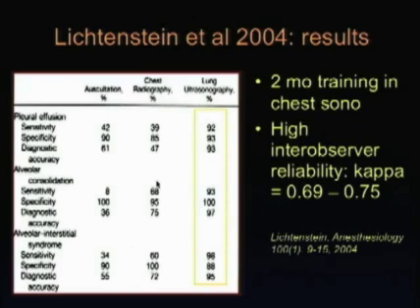Chest radiography also had high specificity for alveolar interstitial syndrome, and pretty high specificity for alveolar consolidations as well. But in all respects, for pleural effusions, alveolar consolidations, and alveolar interstitial syndrome, lung ultrasonography performed very well. And in the cases where 2 observers did the lung ultrasonography, there was a fairly high correlation between their impressions.